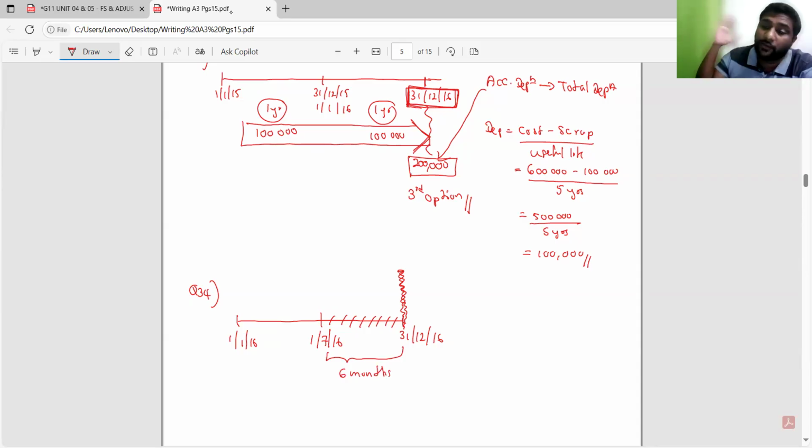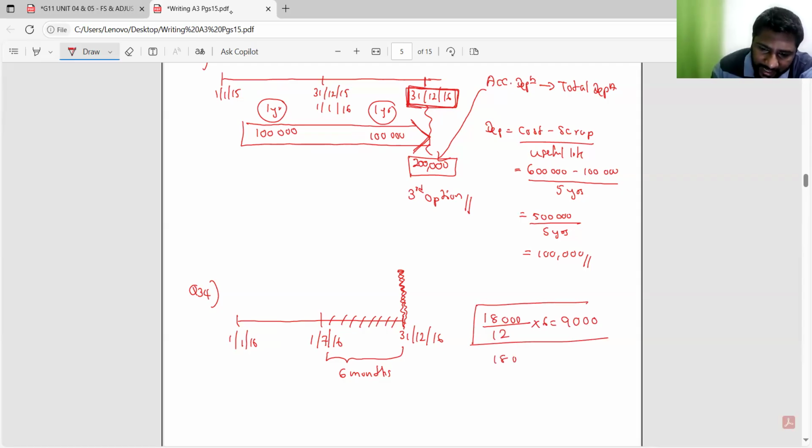But I have made the payment for 1 year. Then how to find the 6-month amount? 18,000 is for 12 months. How much is the 6 months? 9,000. Then what you have to understand, out of this 18,000, 9,000 is for this year, this year's expense. Another 9,000 I have paid for the next year.